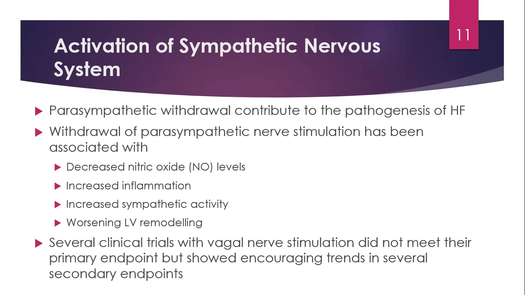So when you have withdrawal of this, it further increases the sympathetic activity. Remember when I showed you the innervation of the heart, that the sympathetic nerve innervating the heart also has a presynaptic alpha receptor that can be stimulated by adenosine and the parasympathetic system to reduce sympathetic outflow.